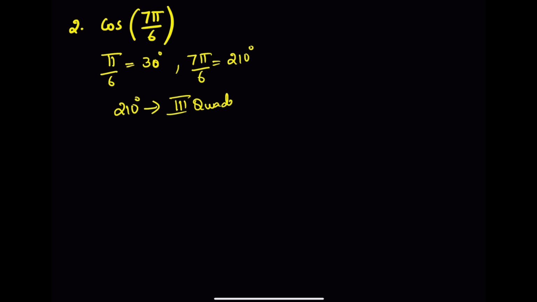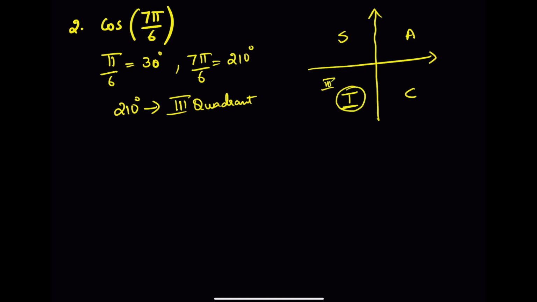If it is a third quadrant, what is the rule we follow? All students take course. So in the third quadrant, only tan and cot are positive. So if only tan and cot are positive, and our question is related to cos, the answer is definitely negative.